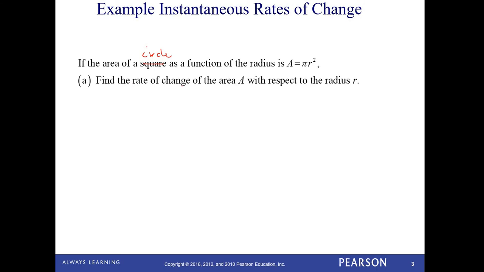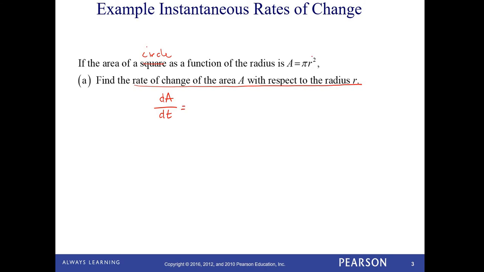So again, this means instantaneous rate of change. That means that we are looking for the derivative. So the rate of change of the area with respect to the radius is dA dt. That's what this means, rate of change of the area with respect to the radius.